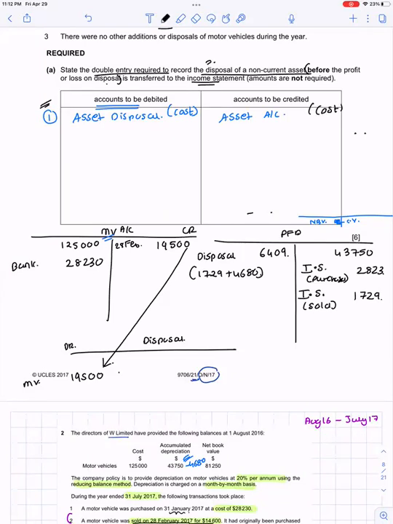First I remove cost from costs. Then I will remove depreciation from depreciation. Which account have I debited?